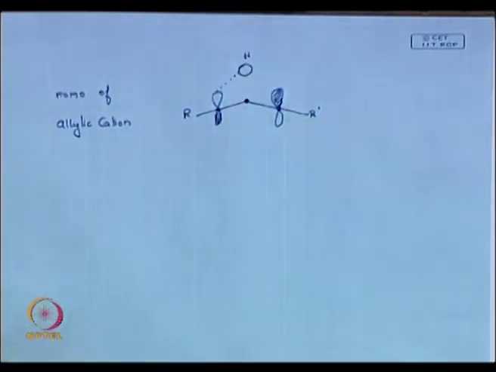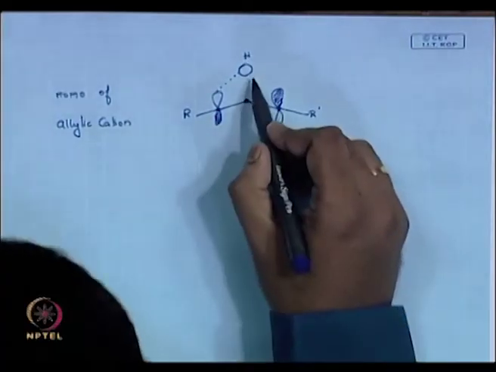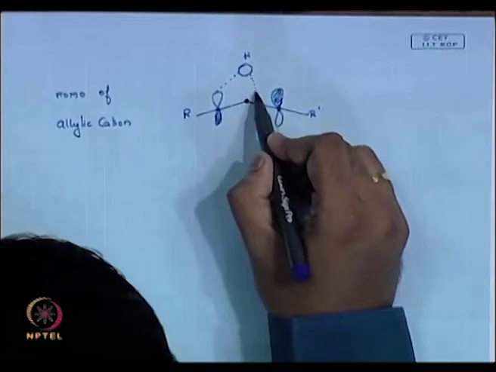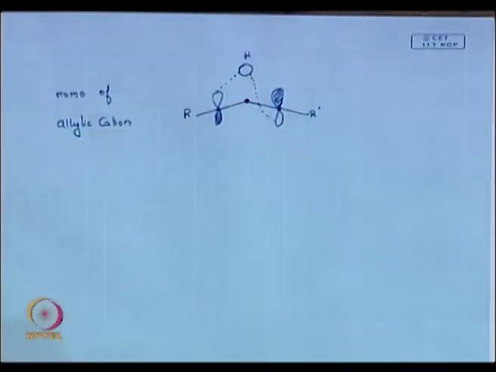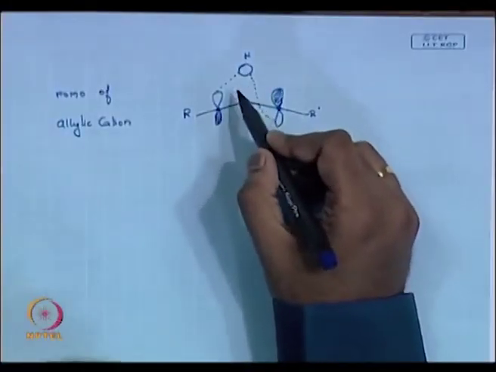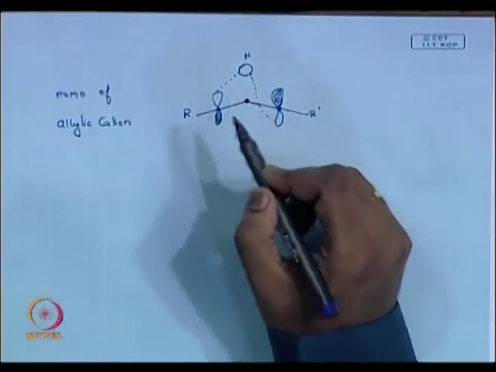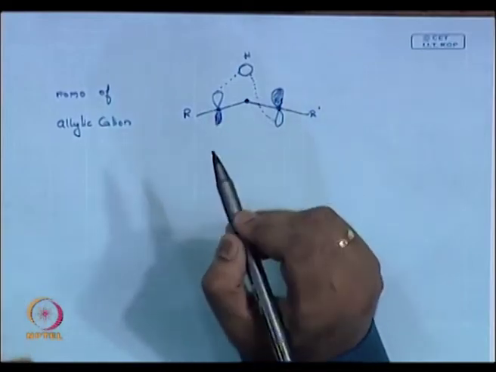What does the rule say? The rule says it can be antarafacial. So, it can do an inversion to come here. Your hydrogen can do this, and if you see, it is orbitally favored, but what happens is your hydrogen is very small. It cannot do this binding because it is very small. That is why antarafacially also does not occur.